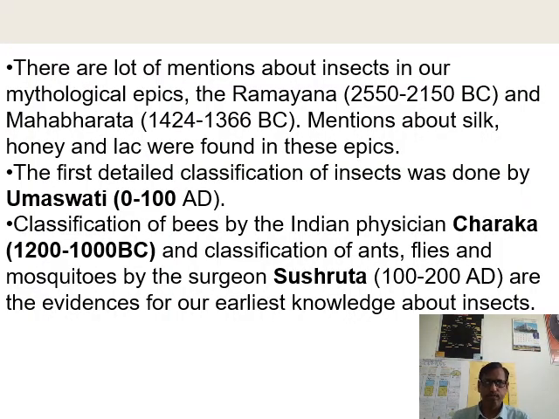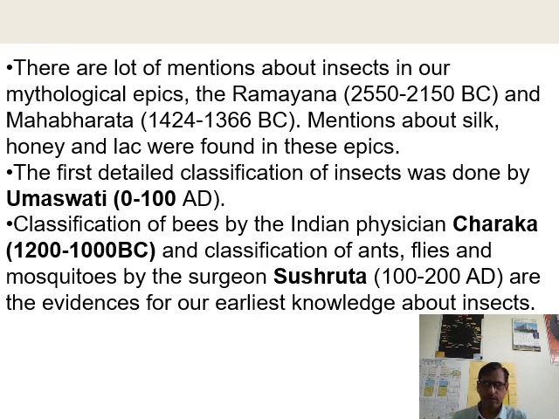There are a lot of mentions of insects in our mythological epics. The Ramayana, 2550 to 2150 BC, and Mahabharata, 1424 to 1366 BC, mention silk, honey, and lac performed in these epics. The first detailed classification of insects was done by Umaswati, 0 to 100 AD.